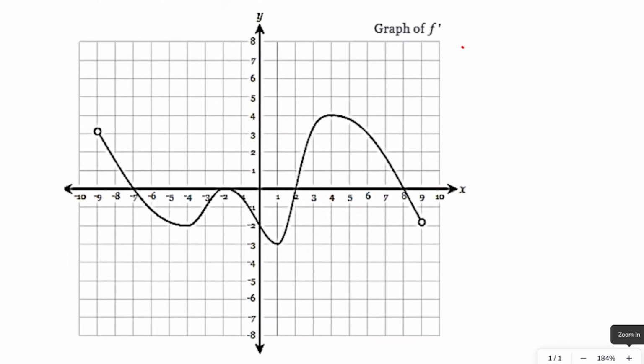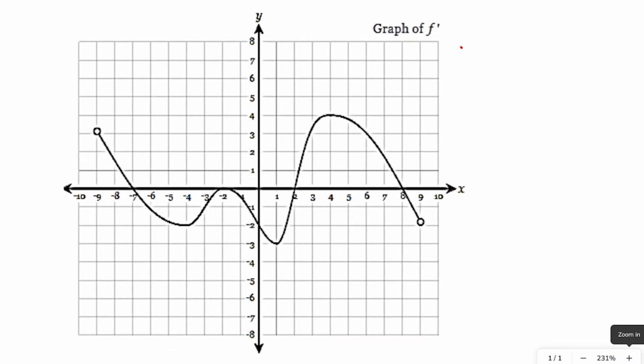So let's take a look at this graph, and this is not a graph of f. This is a graph of f prime. So what this graph is describing, all the y coordinates on this graph describe the slope of the original graph.